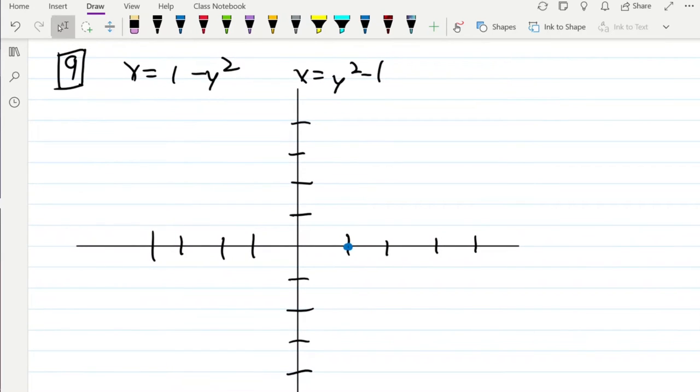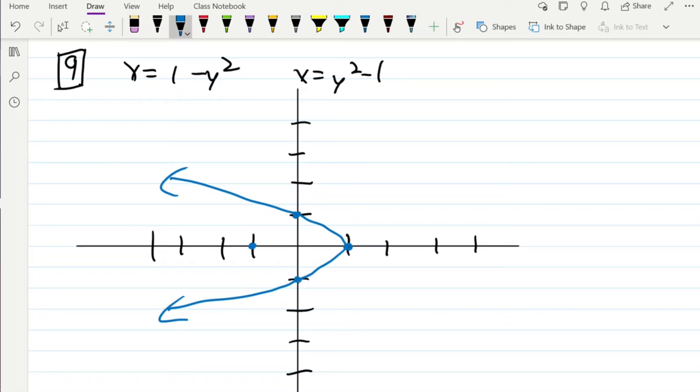When y equals 1, x is going to equal 1 and minus 1. So we're going to get a shape like that. And then for the other one, 1 minus y squared, when y equals 0, x is going to equal 1. And when y equals 1, we are going to get this shape right here.